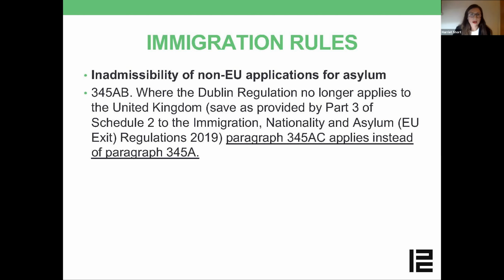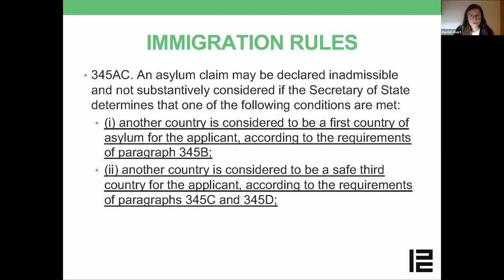They won't apply after the end of transition. 345AB, thank you, Ben, provides that where the Dublin regulation no longer applies to the United Kingdom, save for the exit regs that Ben has taken you to, paragraph 345AC applies instead.